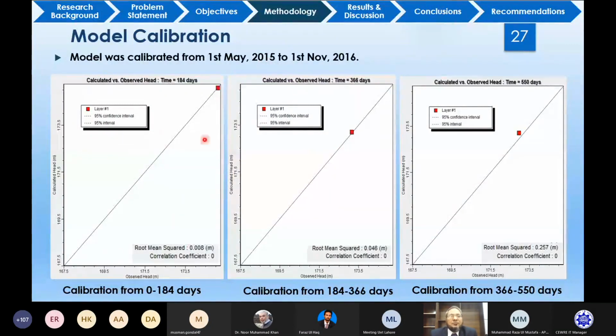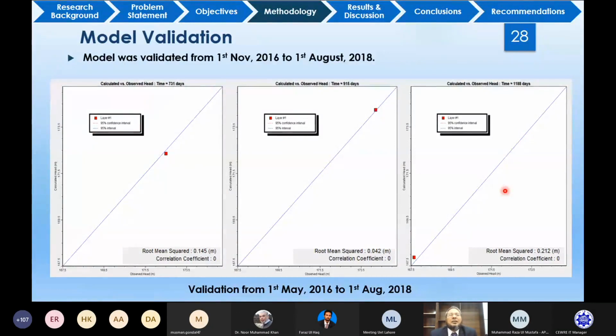You can see that for different periods, these are the results of model calibration, which show a very good match with the observations. Then the model was validated from 2016 to 18, and we can see that the model has good validation results.